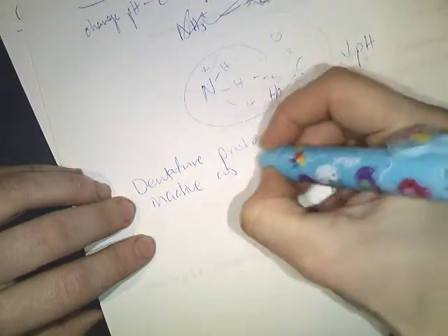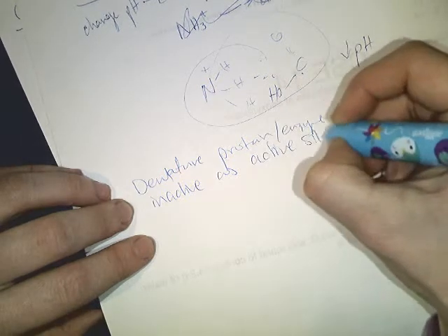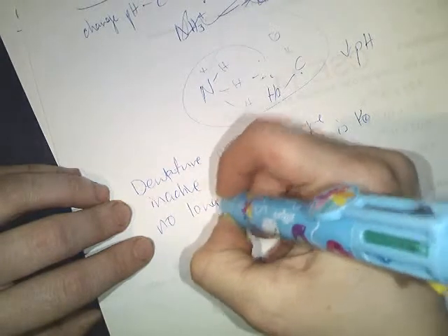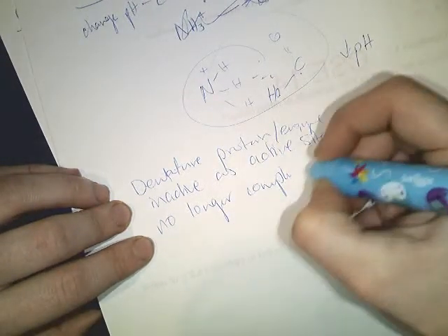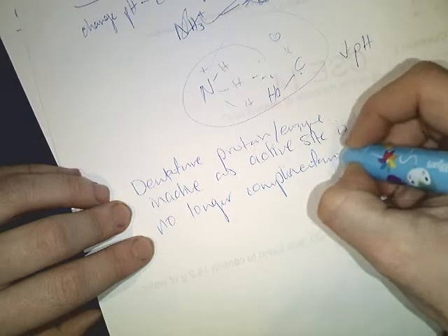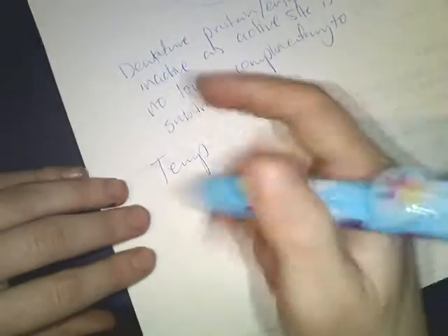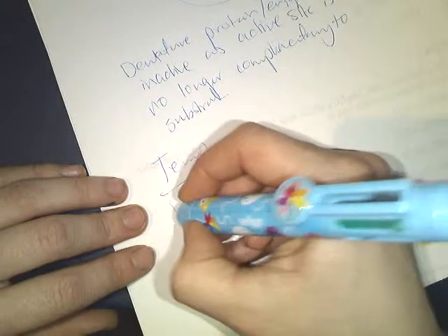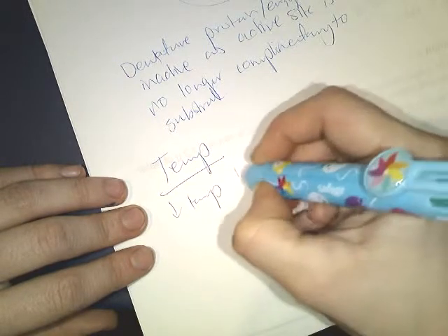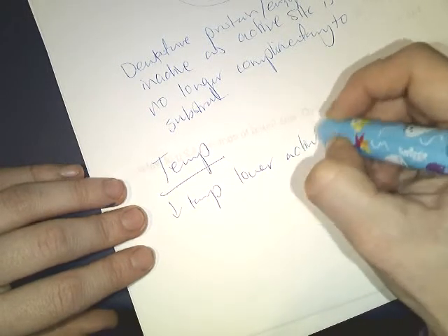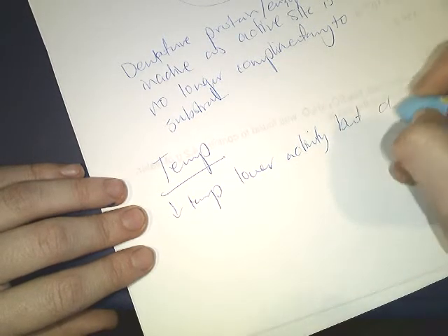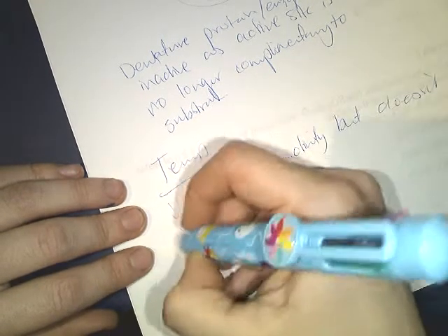Now, if you denature the protein or the enzyme, it renders it inactive, as the active site is no longer complementary to the substrate. Now with temperature, if you decrease temperature, you only lower the activity, but it does not denature.